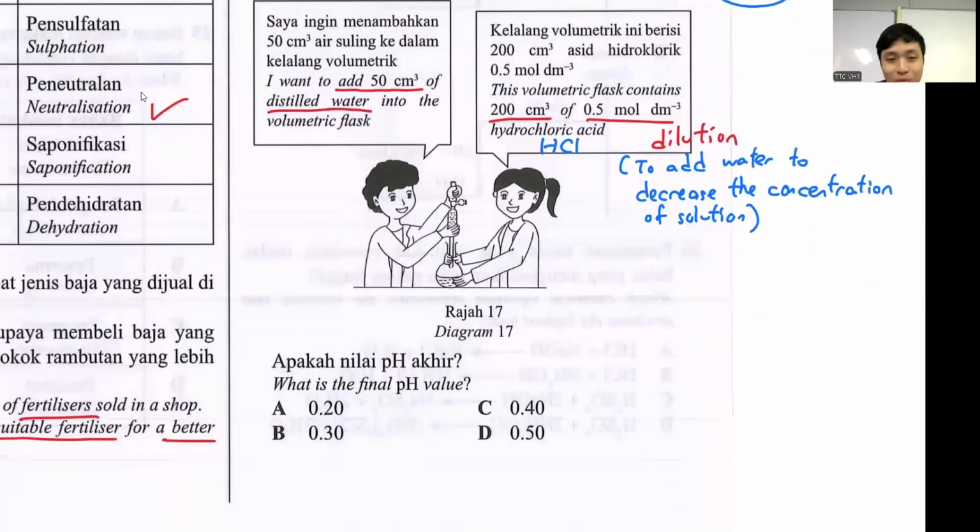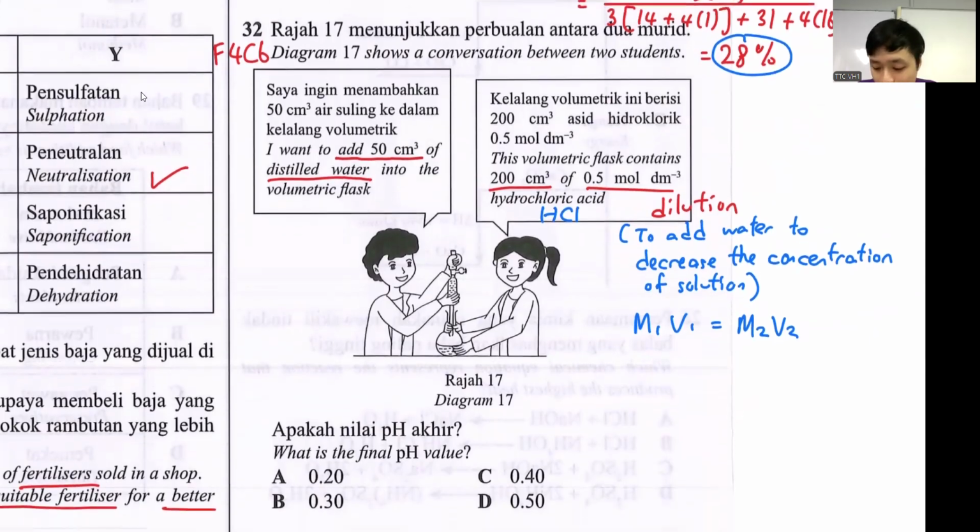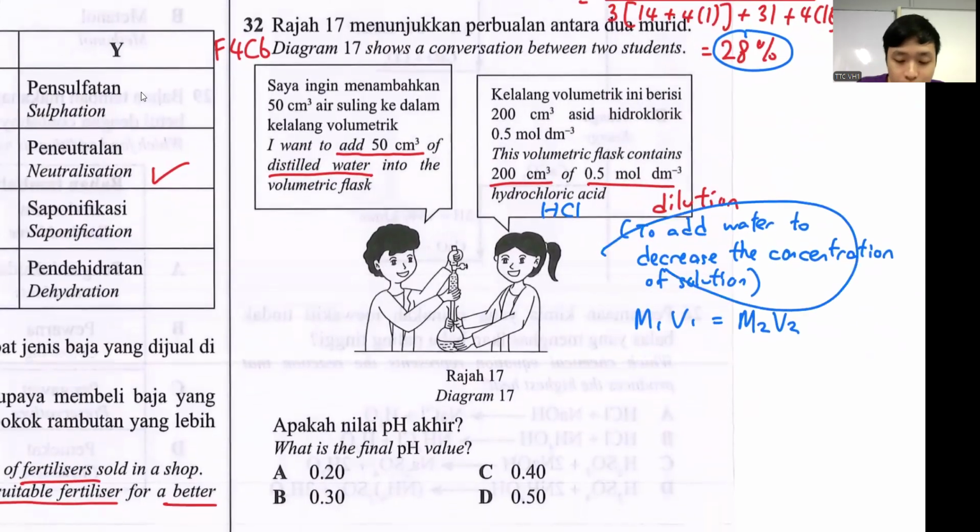So, what is the final pH value? This requires a lot of calculation. The dilution formula is M1V1 equals M2V2. You might ask, how does this formula come? When you add water, the one thing that won't change is the number of moles.